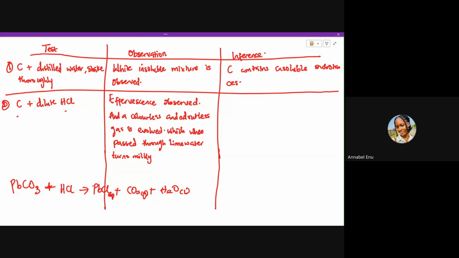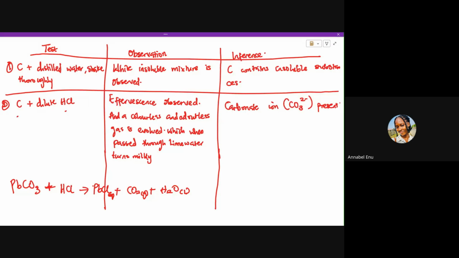So in this step, our inference would be that a carbonate ion is present. So we're going to say the carbonate ion, CO3, is present, because of the effervescence observed, right?